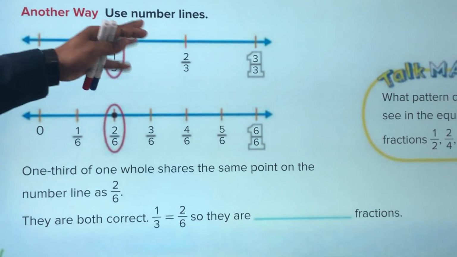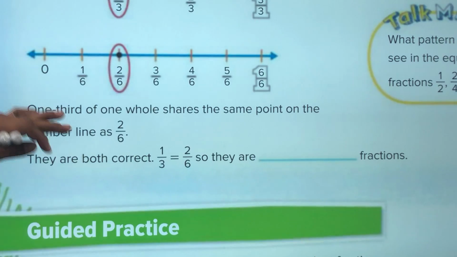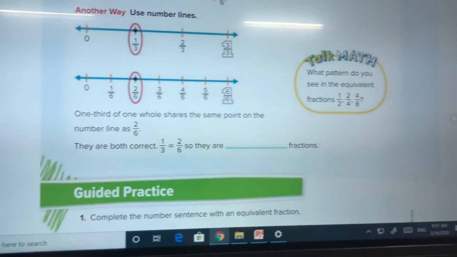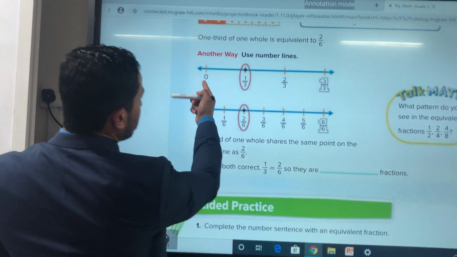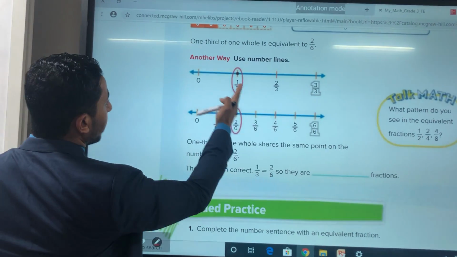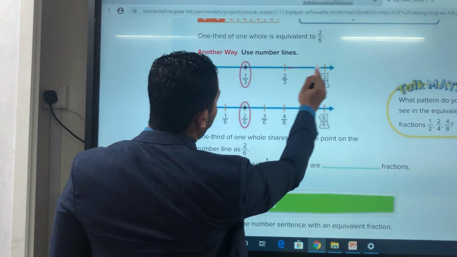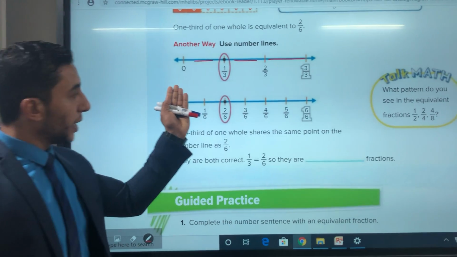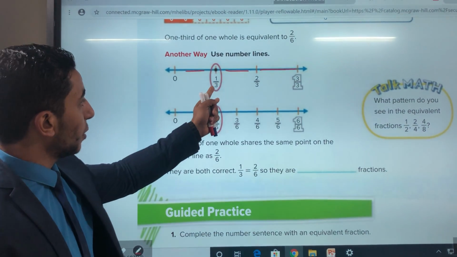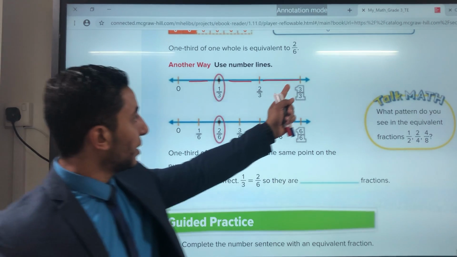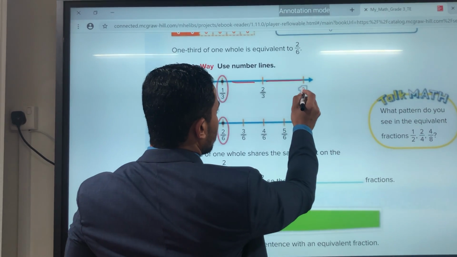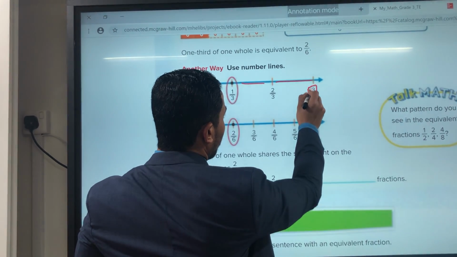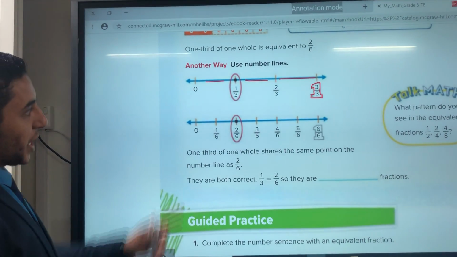You can use a number line to recognize whether the fractions are equivalent or not. Here from 0 to 1, I divide it into 3 equal parts: 0 out of 3 is 0, then 1 out of 3, 2 out of 3, and 3 out of 3 is 1.